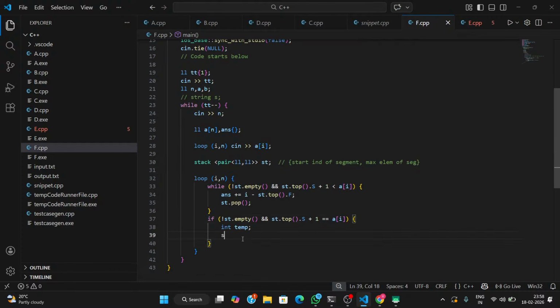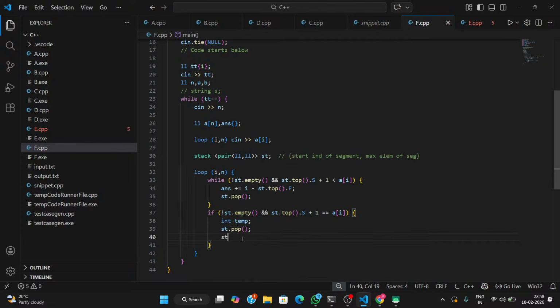So in that case, we'll simply do sp.pop and we will push.